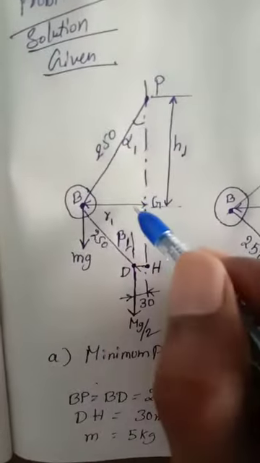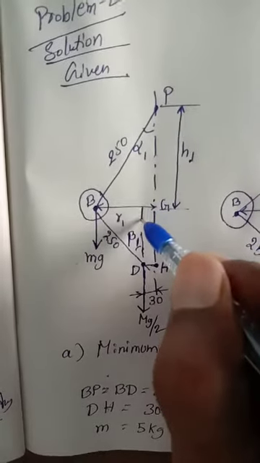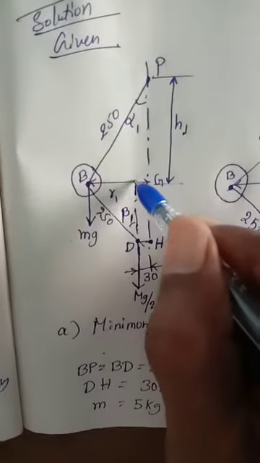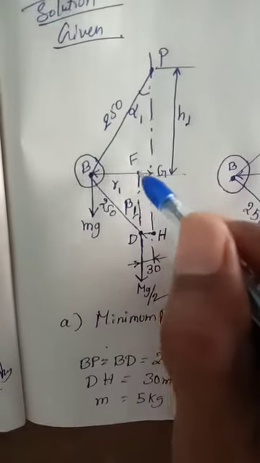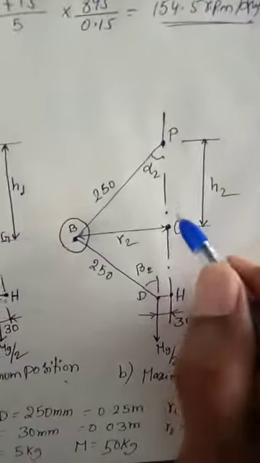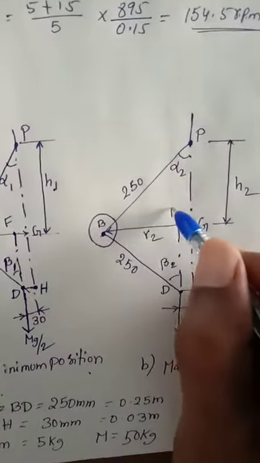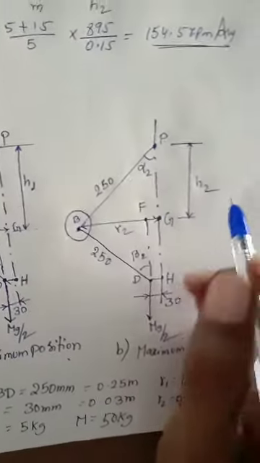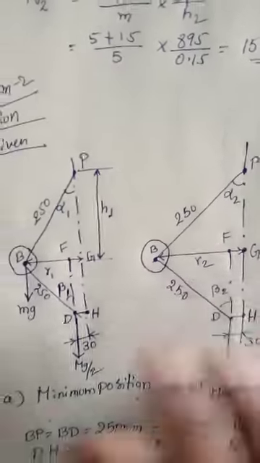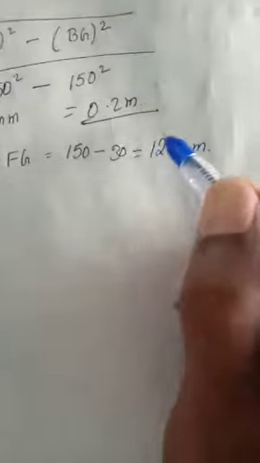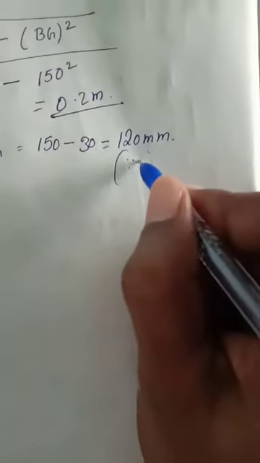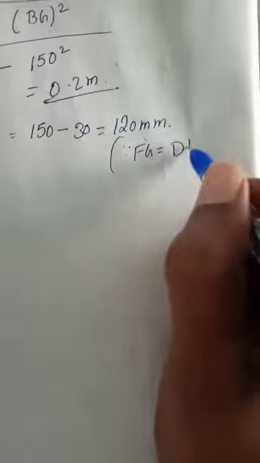So where is F? We should know the point F. Here I put F, here to here is the distance. And now here also I am going to draw, this is F. Here I write one thing, since FG is equal to DH.